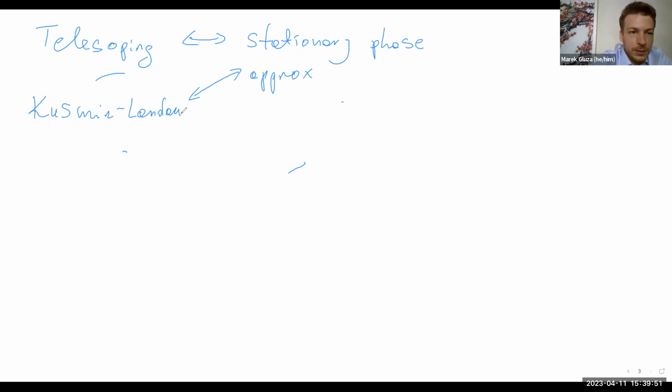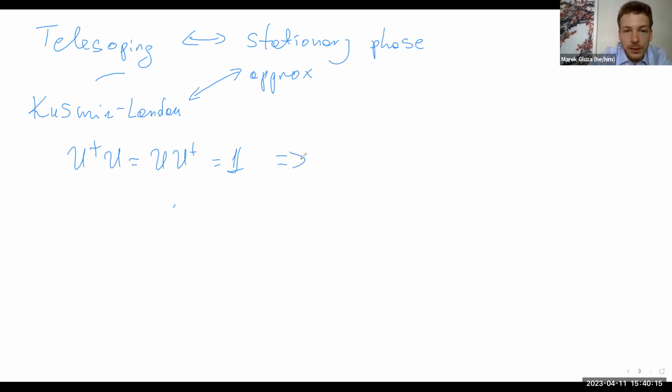And why this is important is that, as we said, unitary operators are normal, okay? Because U dagger U equals U U dagger equals identity, okay?